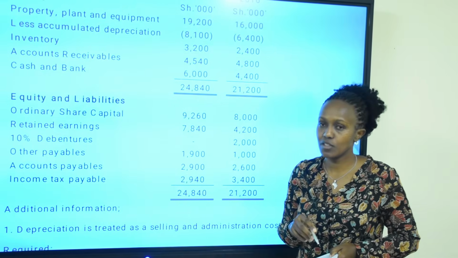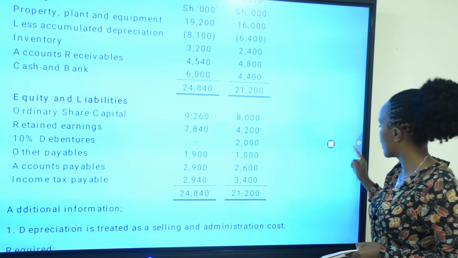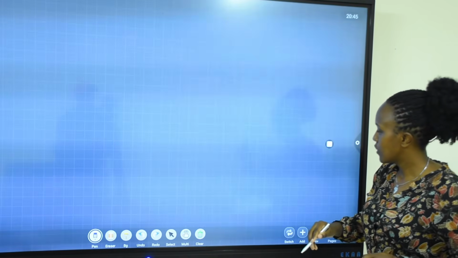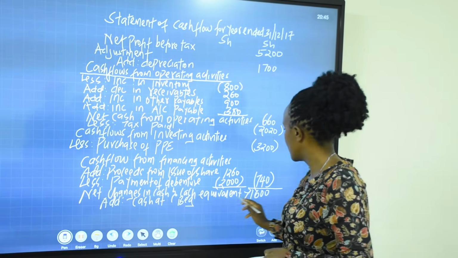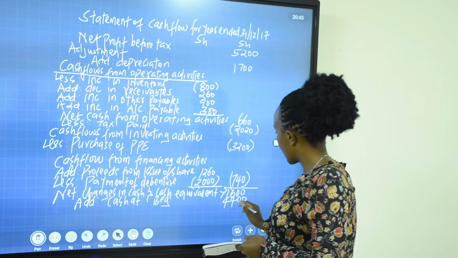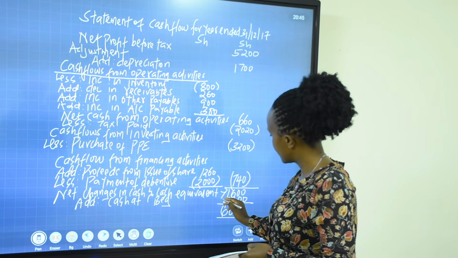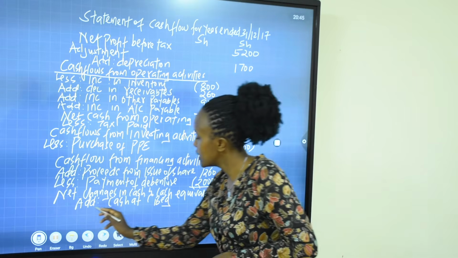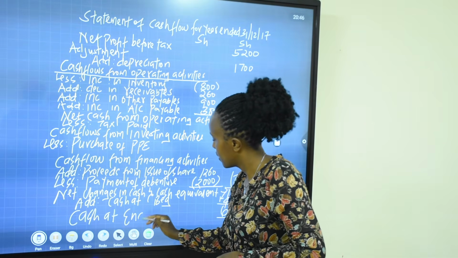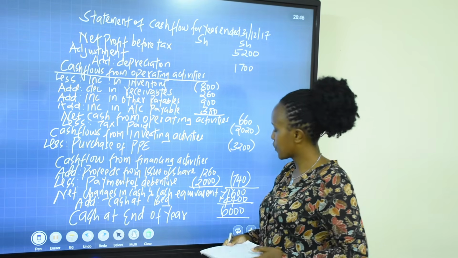So those are the two figures that are going to be closing our cash flow statement. We add cash at the beginning of the year, which is 4,400, and our answer automatically is 6,000, which is the cash at the end of the year.